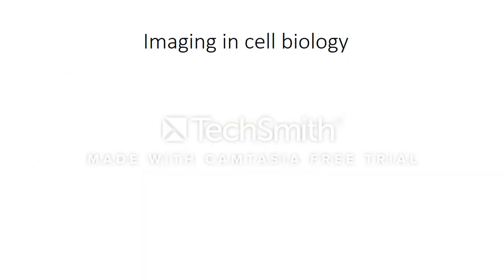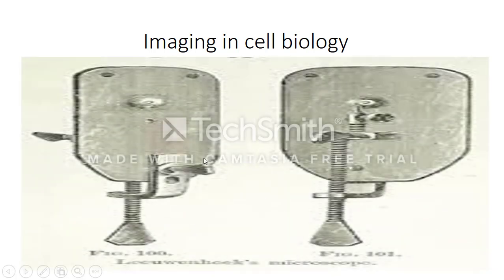So now moving on here, we are looking at imaging in cell biology. That is the main thing that we're going to be looking at in this lecture. So looking here, this is the first recorded microscope that was able to do a good job of magnification.